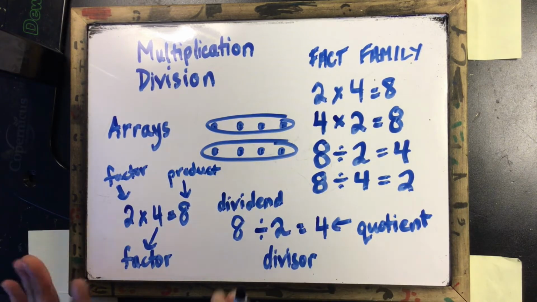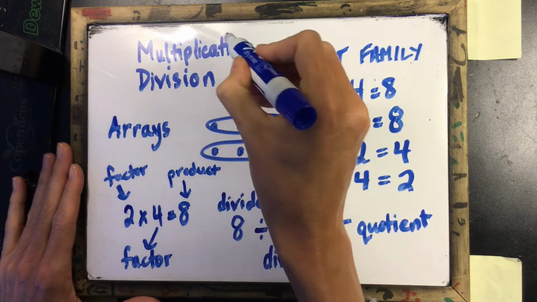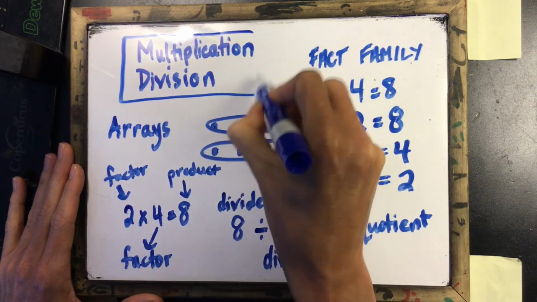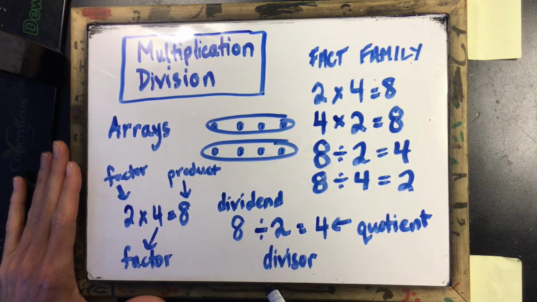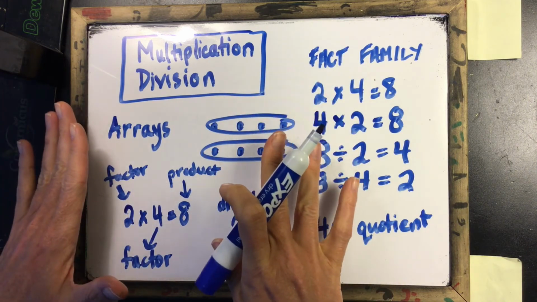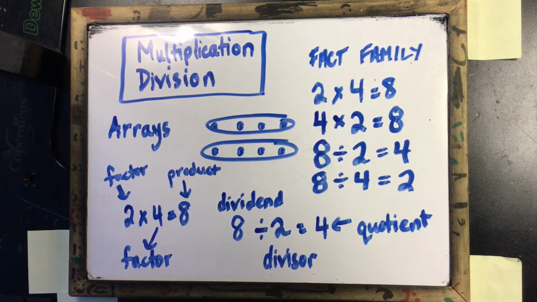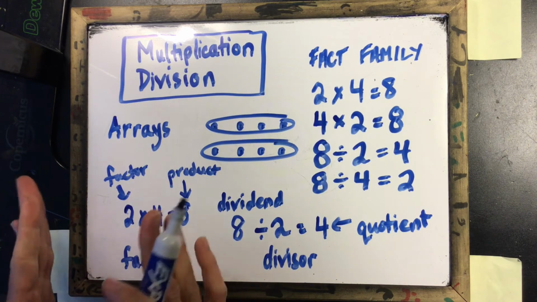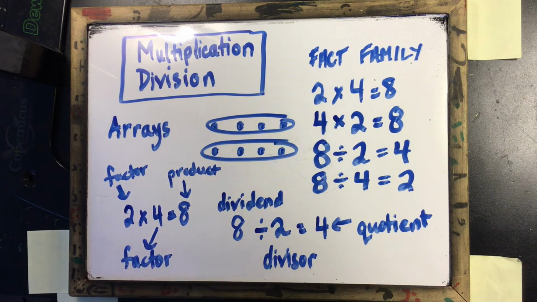Okay, so understanding multiplication and division, they work hand in hand, okay? So right now we've talked about an example of what an array is. We've looked at the fact families. We've also looked at what a multiplication sentence is, what a division sentence is.